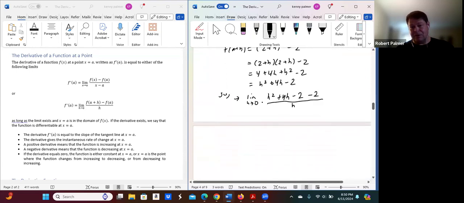Okay, keep going down here. And so we still have the limit as h goes to 0. Of course, now we're going to have h squared plus 4h minus 4 over h.